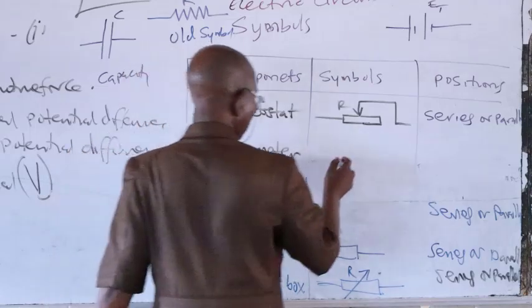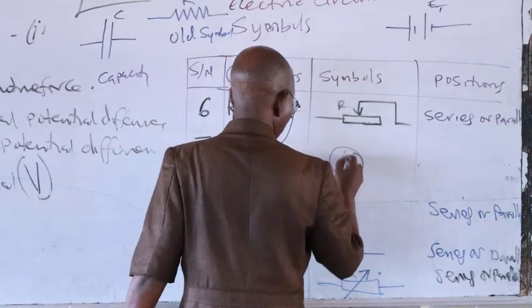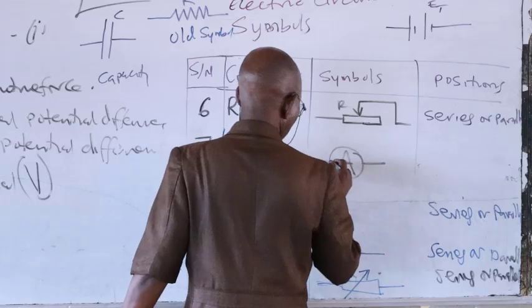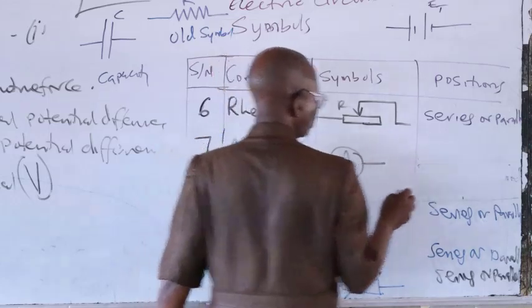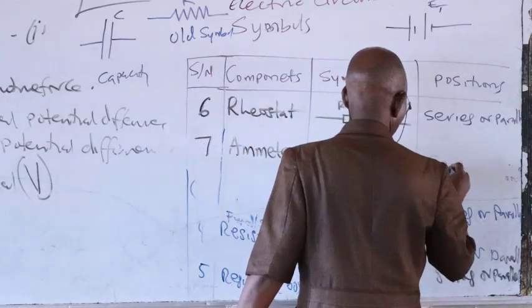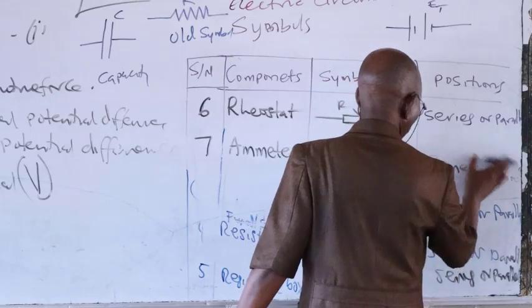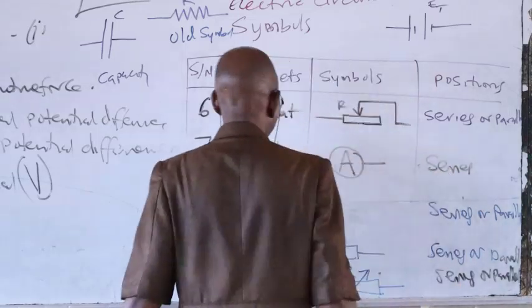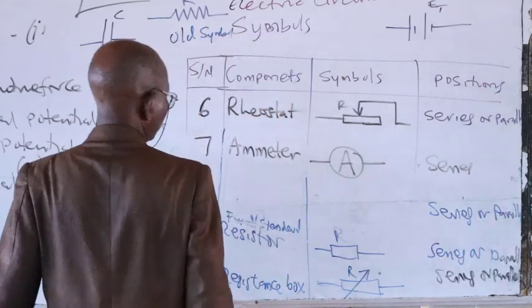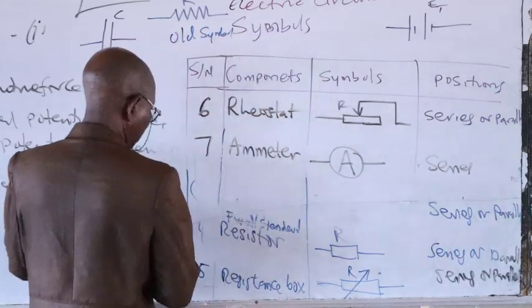The symbol of the ammeter, as you were taught before, is this. And you were told the position can only be series, no parallel for this one. That's an ammeter. So it has two terminals, I've explained that to you.